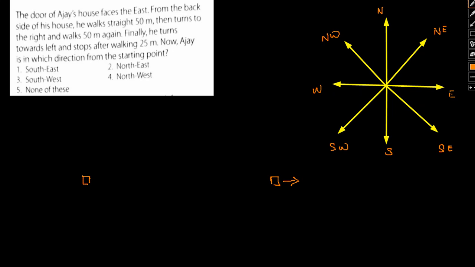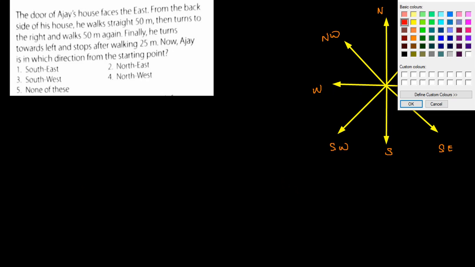So he would be walking from the west side because he enters from the back door, right? So he would be coming in from the back side. Having said that, let's now try and understand. Since he enters from the back side of the house, he would be going towards the west side.